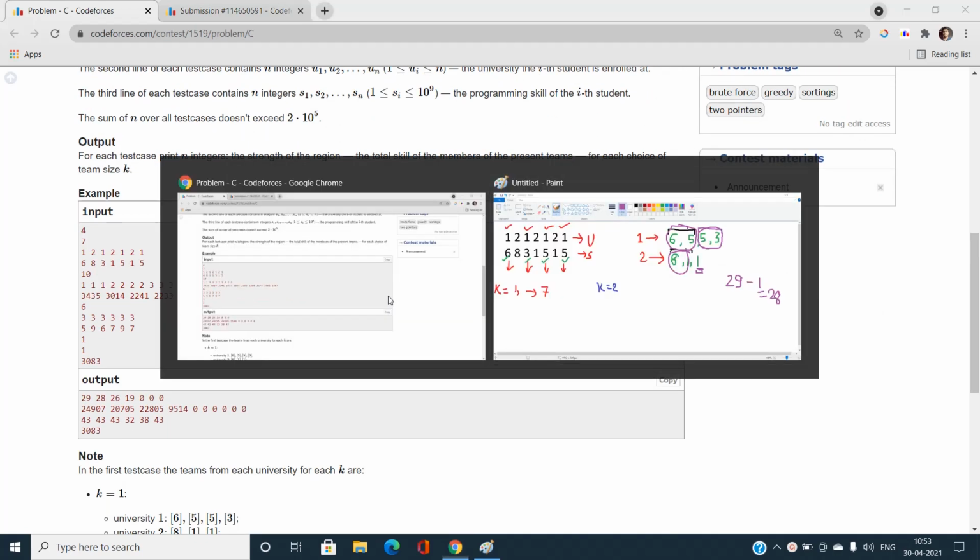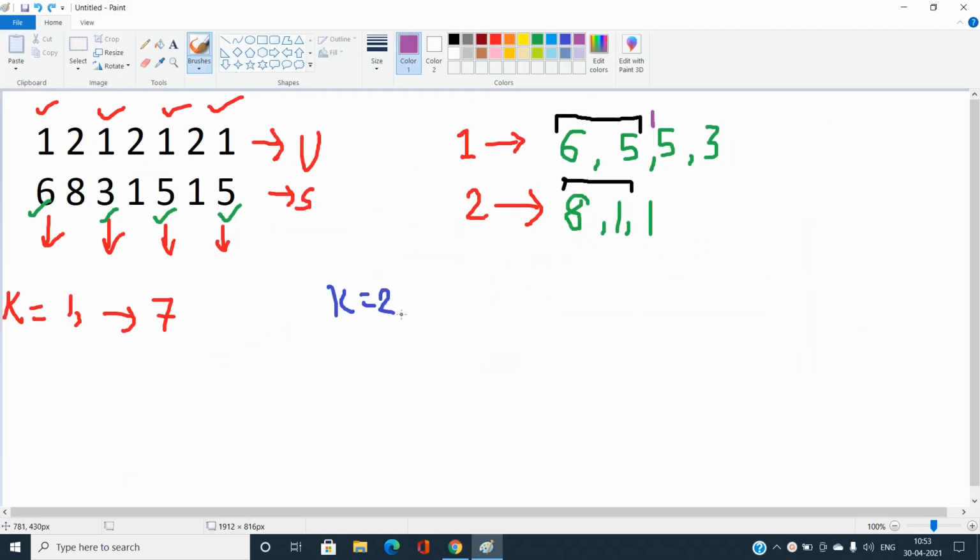Now let's talk about what will happen when k is 3. When k is 3, send a group of 3 persons starting from the strongest programming skills from every university. So I will send these 3 and I will send these 3. This is the formation of team 1. Let's see how we form team 2.